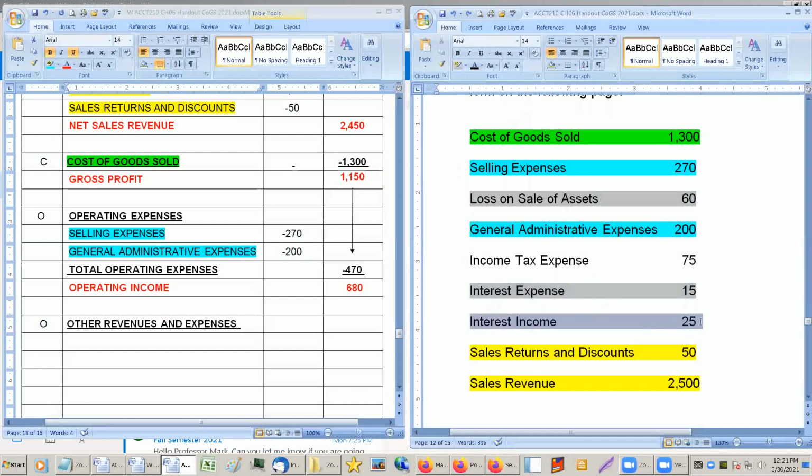Now, tax expense, that's going to be the T in our SCOOT, so we're not going to do anything with that yet. But these: the loss on sale of asset, interest expense, interest income. You can put these in any order you want. I'm just going to do them in the order they are up here. So I'll say loss on sale of asset, minus 60. You have to be a little careful with this group, because some of these are going to be pluses, some of them minuses.